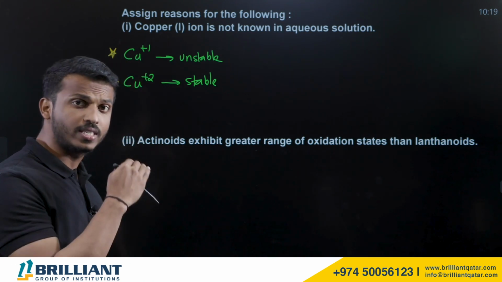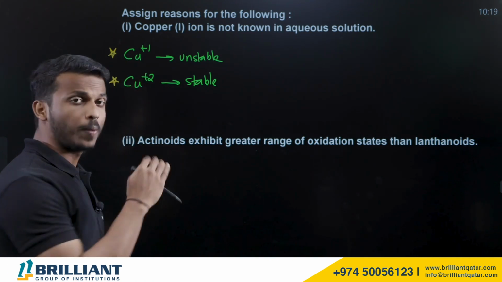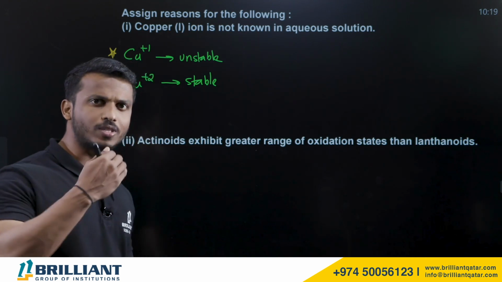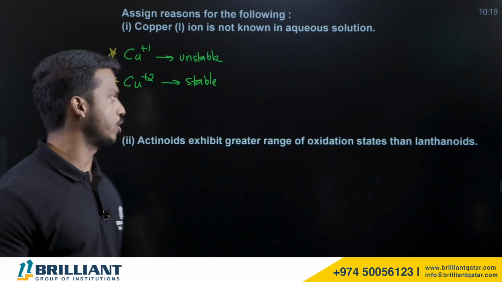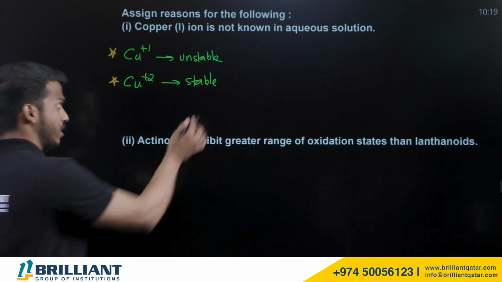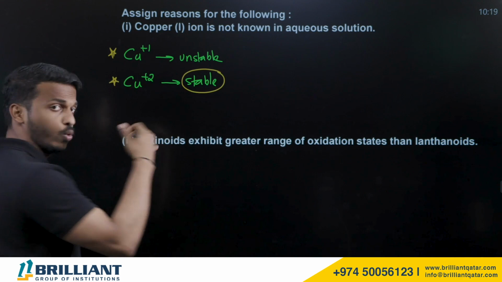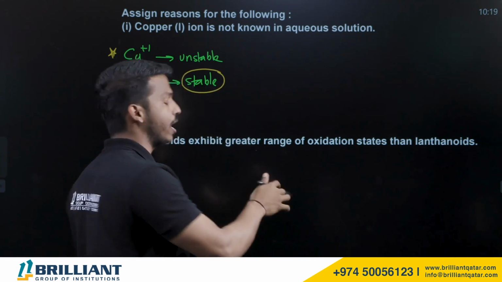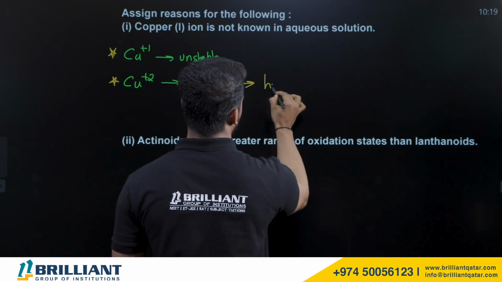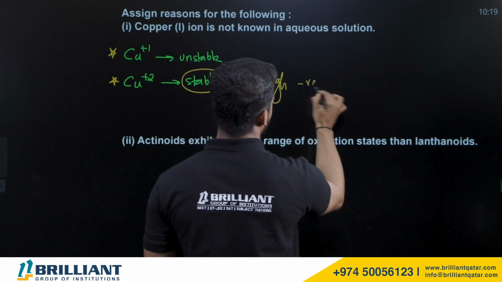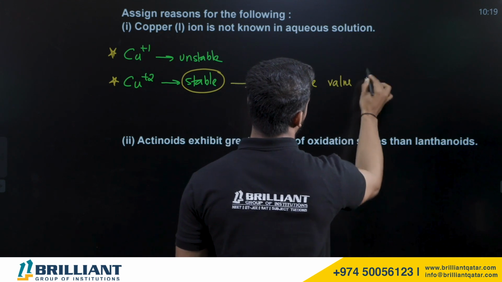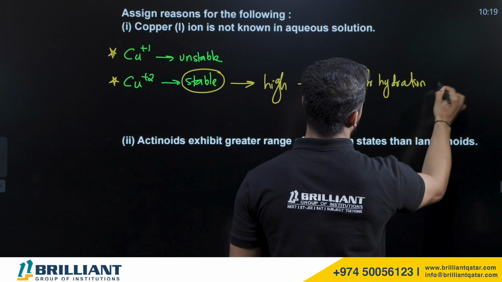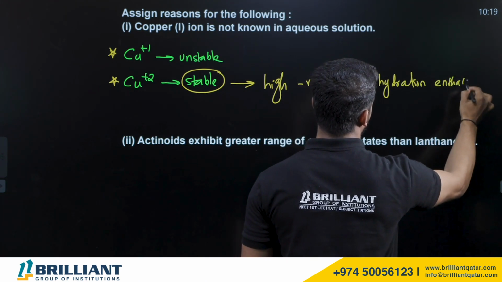If a substance is stable in aqueous solution, all of you please note this, it means they have a very high negative value for hydration enthalpy. Please note it, all of you.